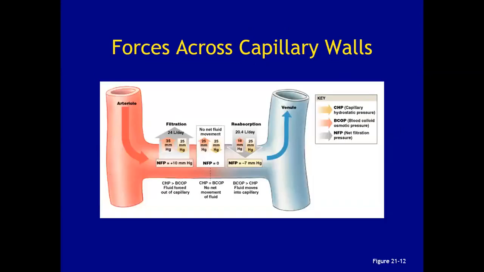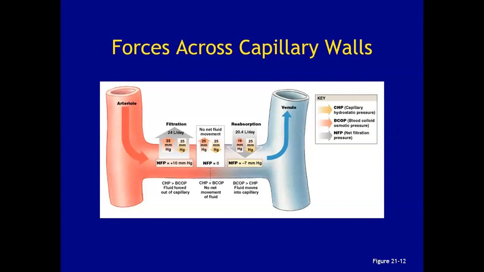So here's what it looks like, okay? Here's our old buddy, the capillary. Here's our arteriole over here. Here's our venule over here. And in between that, this is where the actual capillary is, okay? Now, when we look at the difference between the inside and the outside, that's what we have to look at here.